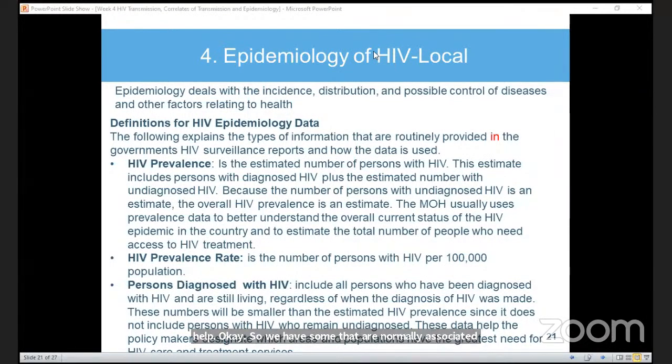It's important to understand these terms. Number one is HIV prevalence. I know you must have heard of this. These terms are common.